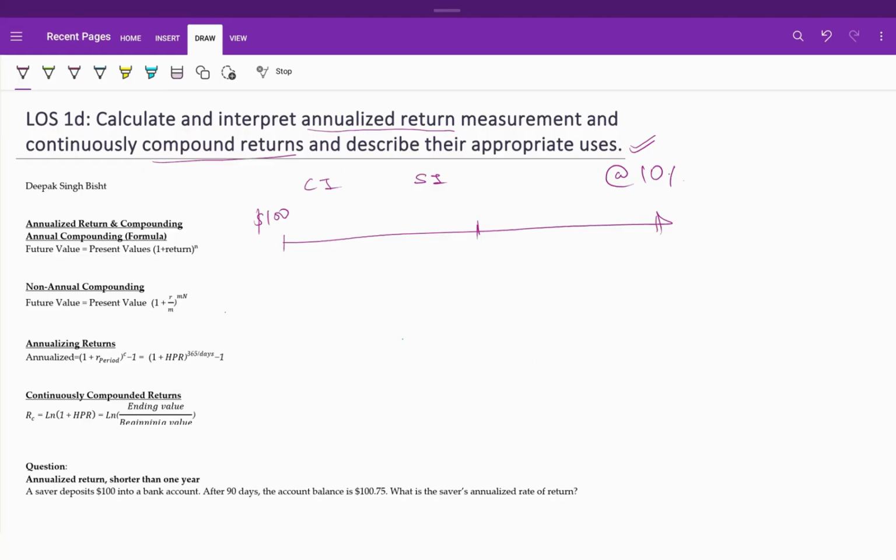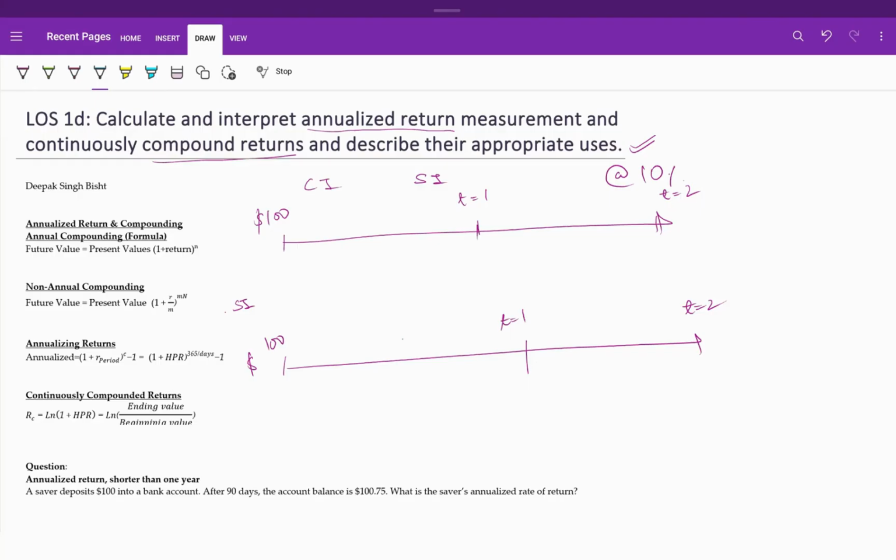For simple interest also, the investment is $100. So at the end of the first year, at time 1 and time 2, my investment is going to give me a rate of... okay, before that let's discuss the formula first.